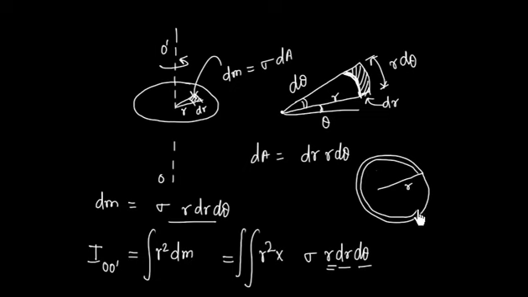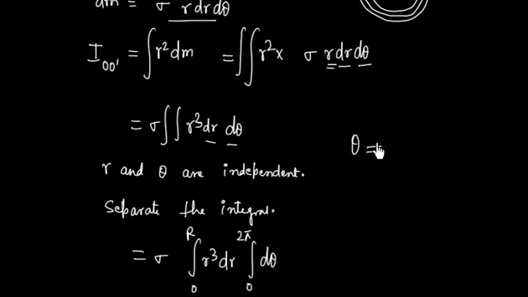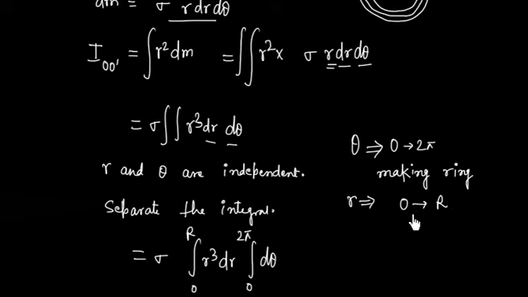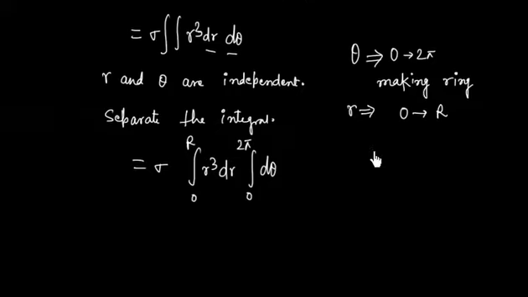This is for another r, this is for another r. So when we are changing theta from 0 to 2 pi, we are making rings. And when we are changing r from 0 to R, we are adding different rings.